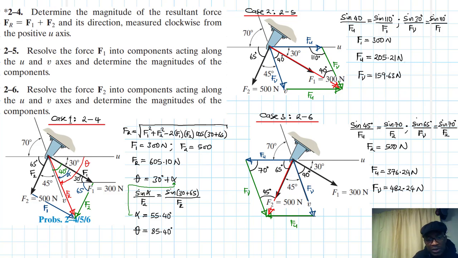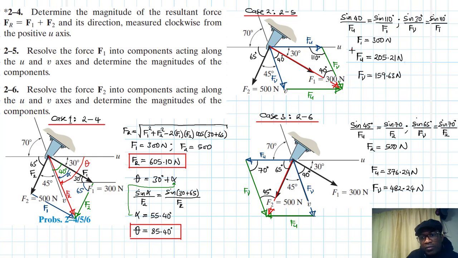We are done with these three problems. In the first case, we have the resultant, and we have the direction measured clockwise from the positive u-axis. Let me write this. Okay, there we go. Great.